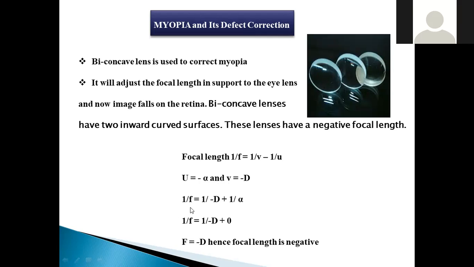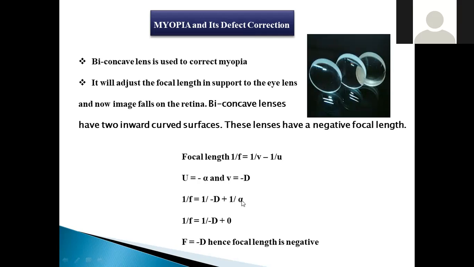Now let us apply the focal length formula. 1 by f is equal to 1 by v minus 1 by u, so 1 by f is equal to 1 by minus D plus 1 by infinity.